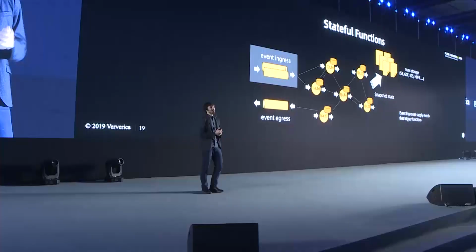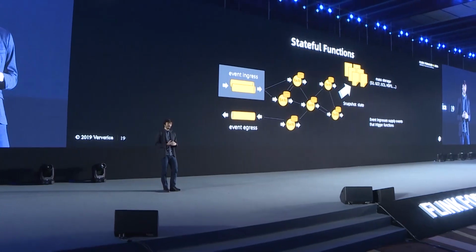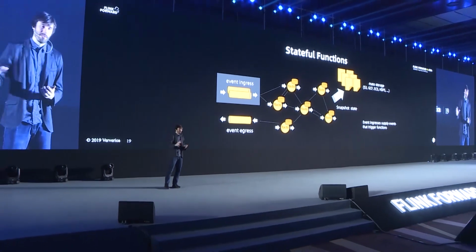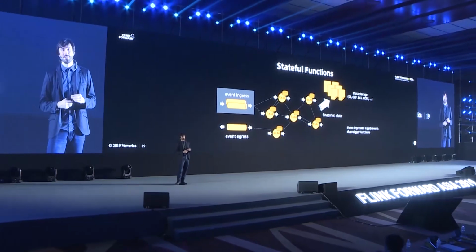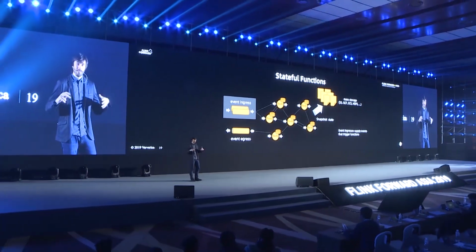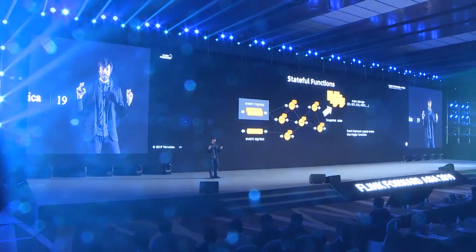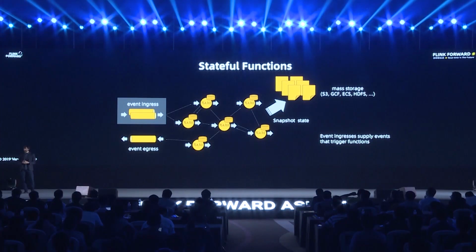The first part of a stateful function application is always that somehow this application has to get input, somehow it has to react to something. Because we think this idea of stream processing, that there's a well-defined way for events to enter the system, is really a good idea, we wanted to keep that. If you build a stateful function application, what you first of all define is a set of so-called ingresses, which are sources of events in your application.